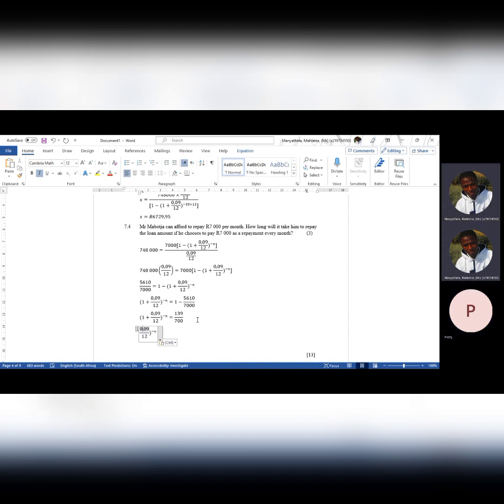Once you get it, just tell me the answer so that I can write it. Now I got 403 divided by 400, equal to 139 over 700.